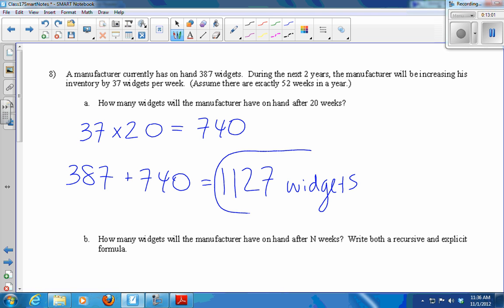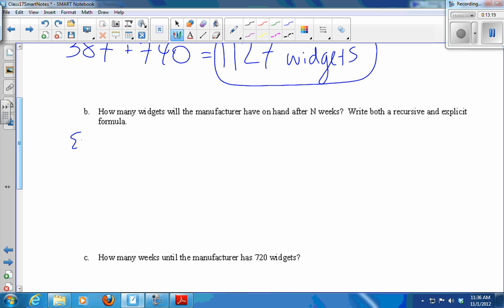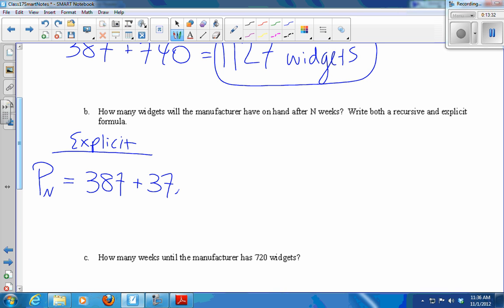Good. So what you did here can help inform writing a formula. You figure out how much you add to the inventory by taking 37 times the number of weeks, and then add to your current inventory. So if I want to write an explicit formula, I would say P sub n, my population of widgets after n weeks, is 387 that I started with, plus 37 a week for n weeks.